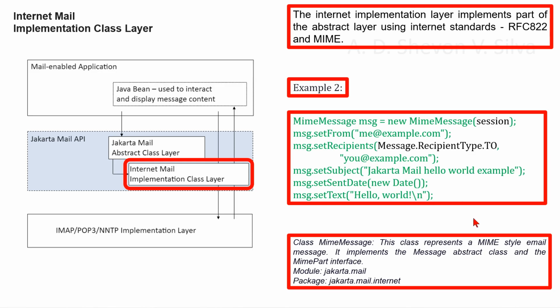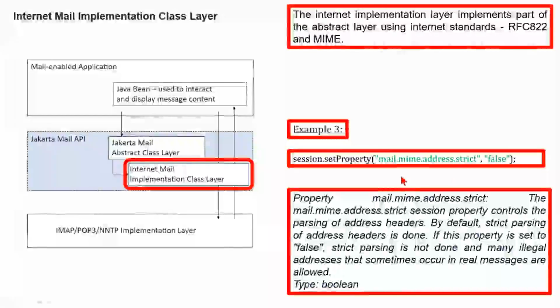As example 3, we can consider the property mail.mime.address.strict. The mail.mime.address.strict session property controls the parsing of address headers.